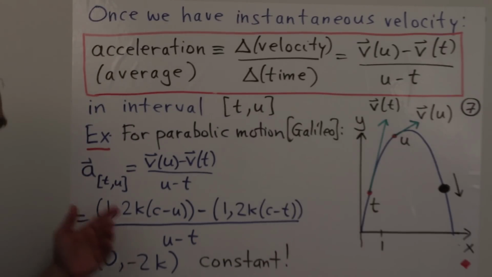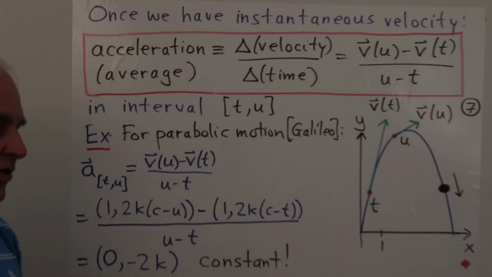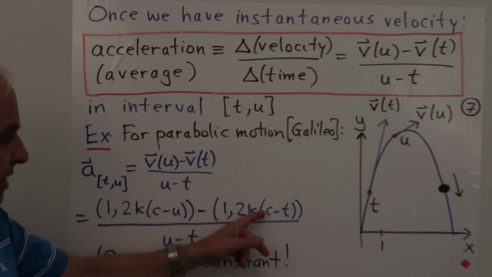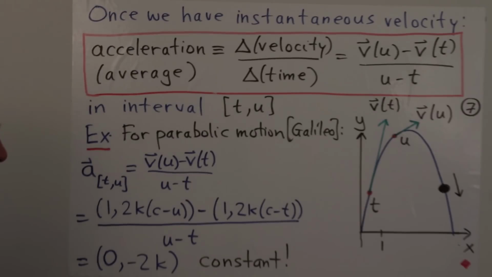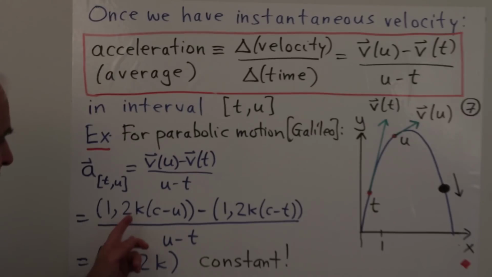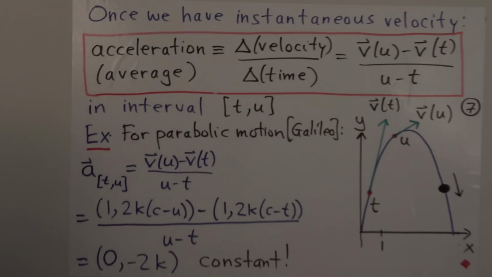So the acceleration in this time interval is the change in velocity over the change in time. And here are the velocities that we've just worked out: (1, 2k times (c minus u)) minus (1, 2k times (c minus t)). When we take the difference, well, the 1's cancel. We're going to get 0 in our first component. And there will be a 2kc here and a 2kc, and they'll cancel.